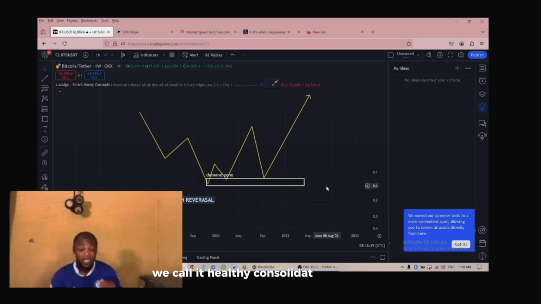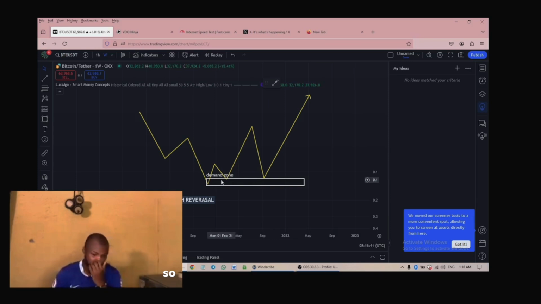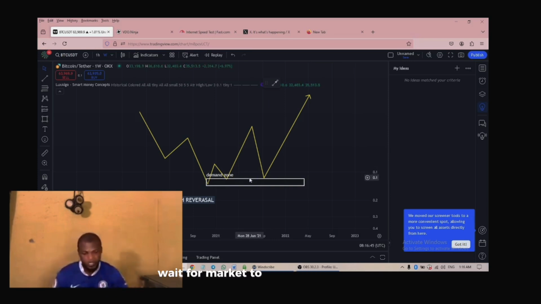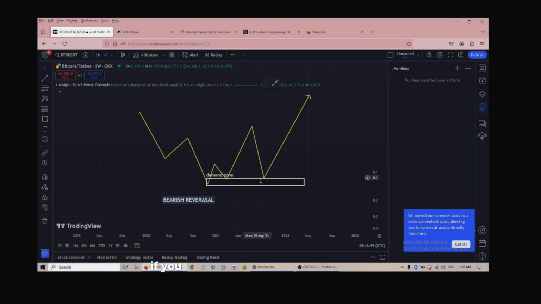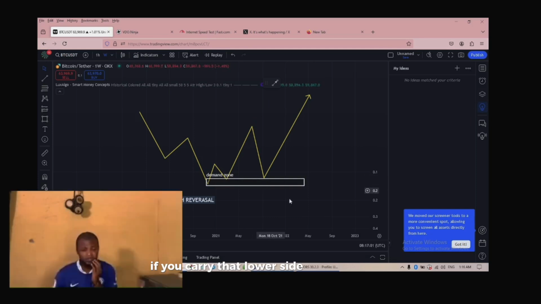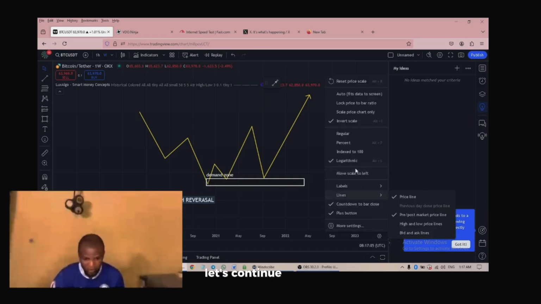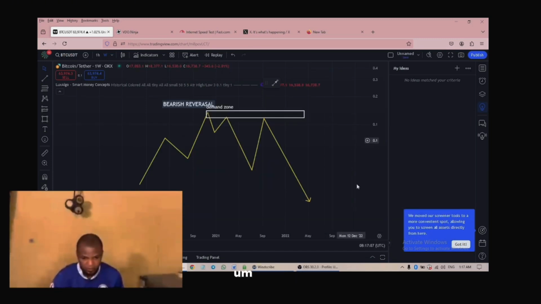We call it healthy consolidation. So hold on, wait for the market to come down, then buy whatever you want to buy. As much as you people keep buying, expect the market to go up. And if you are a futures and derivatives trader, if you carry it at the lower side, then the market moves up.